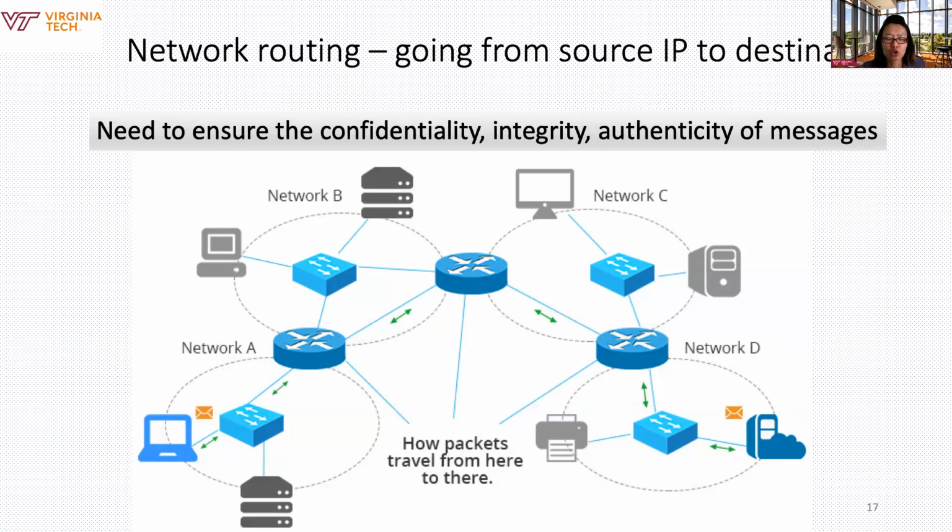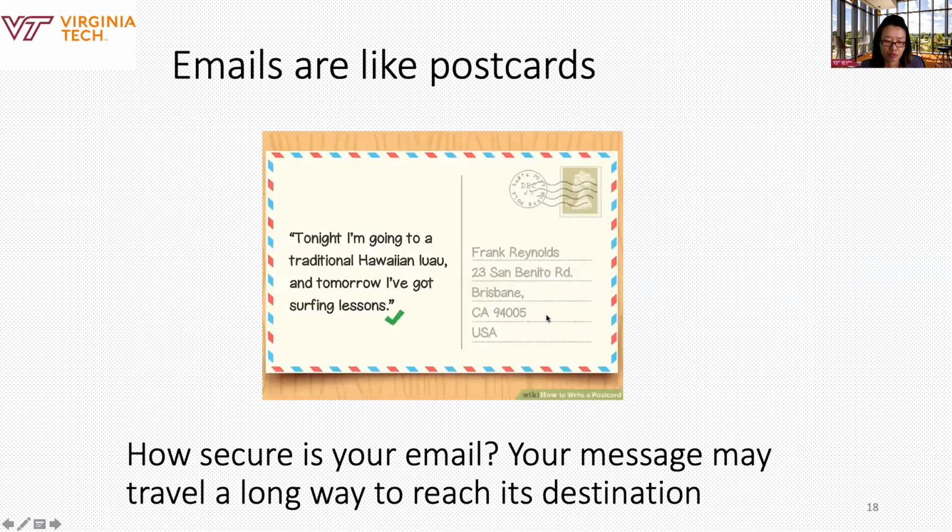Do you know who they are, who controls them, how secure they are? You don't want your most sensitive information, your bank account, credit card information, your email content, to be accessed by those routers and the gateways. Because even though the administrator controlling the router is trustworthy, the router could be hacked, right?